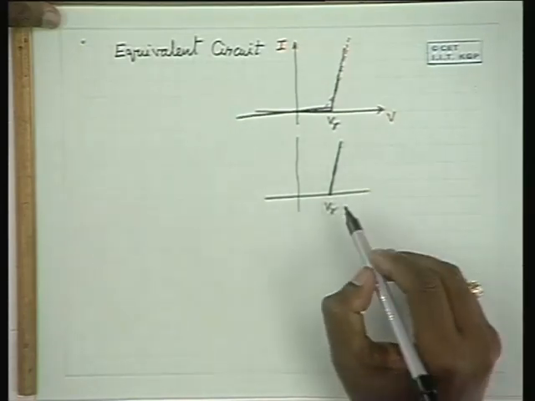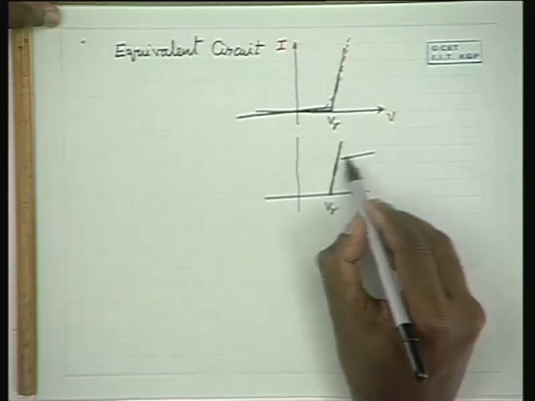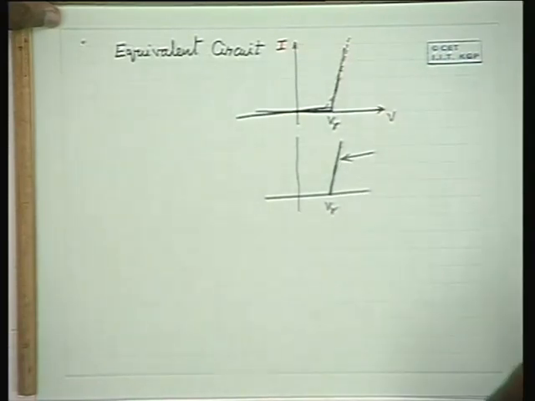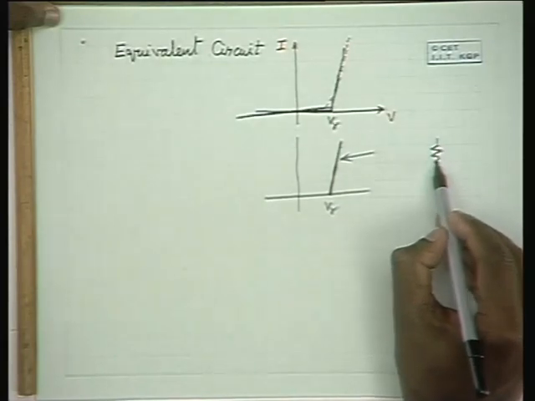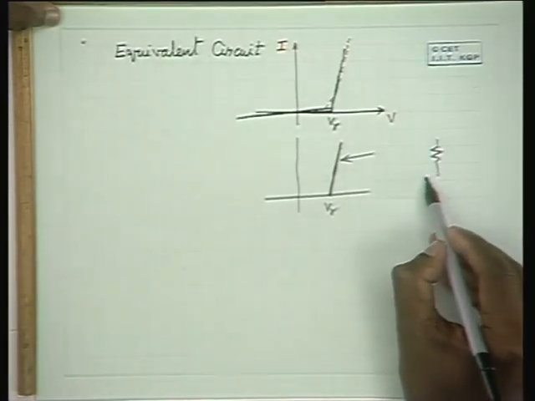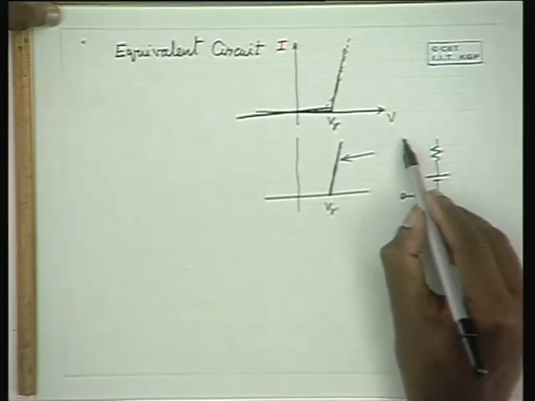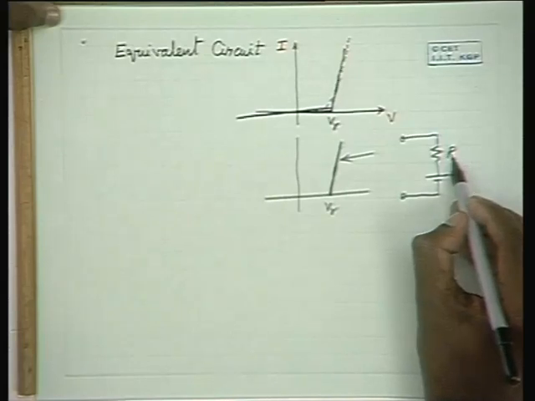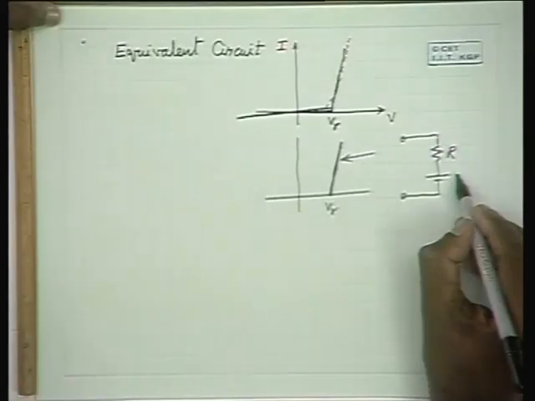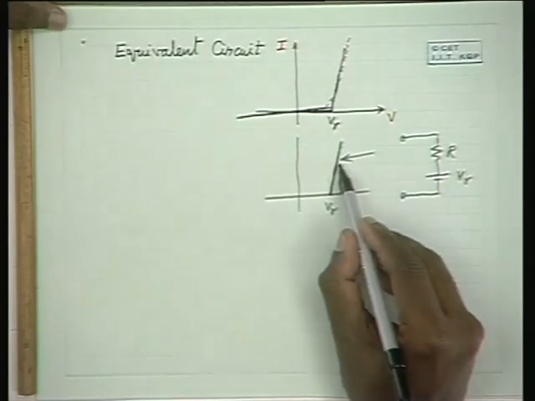How do you represent this? What kind of circuit yields this kind of characteristics? Don't you think a resistance in series with a source V gamma gives you this kind of characteristics?